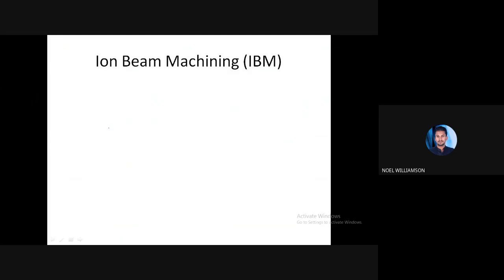Here, ion beam machining can be done for two cases: that is material addition and also material removal.